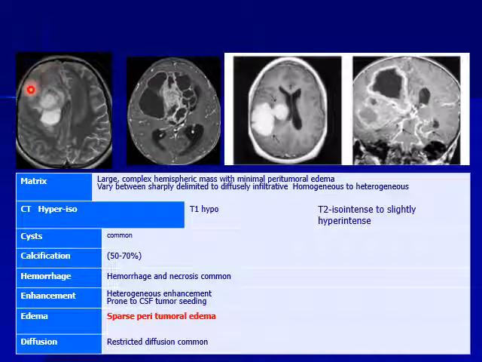These tumors are surrounded by minimal or absent edema, while in DIG it is surrounded by extensive edema. Because of high cellularity, the solid components are restricted in diffusion, and this tumor, of course, is liable to CSF seedlings.